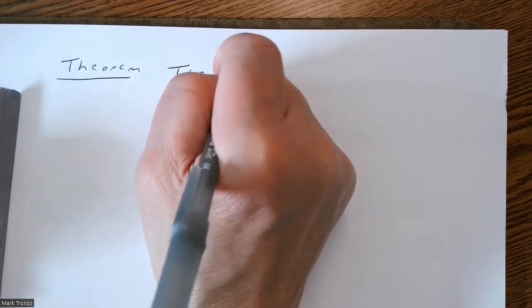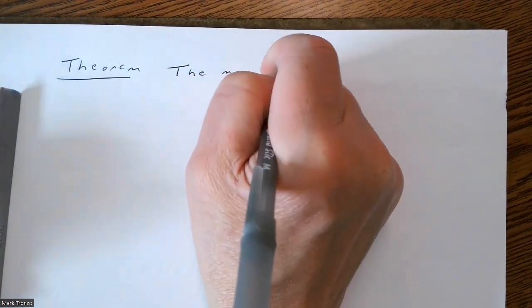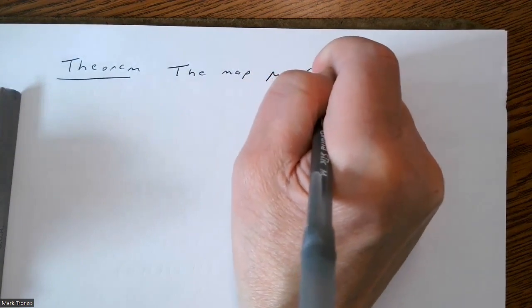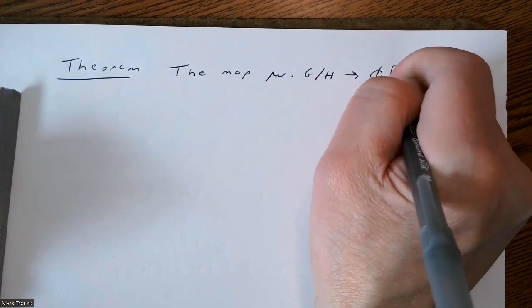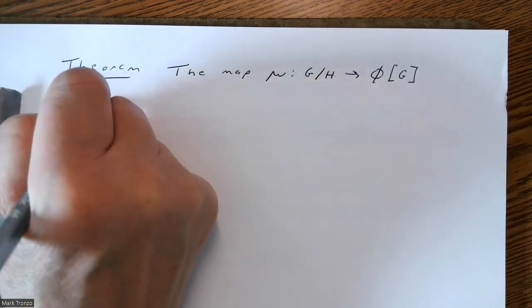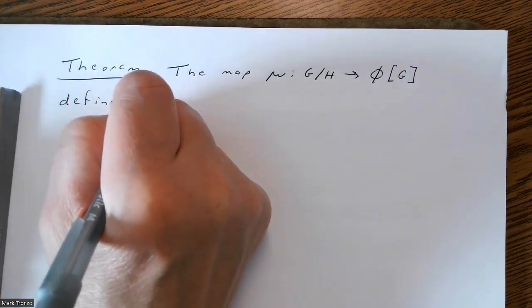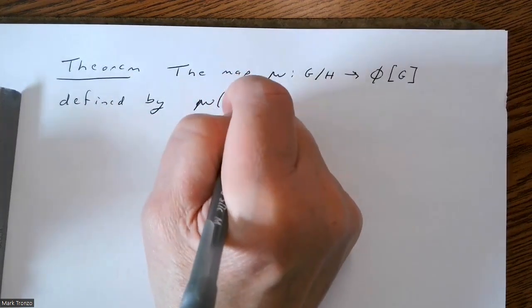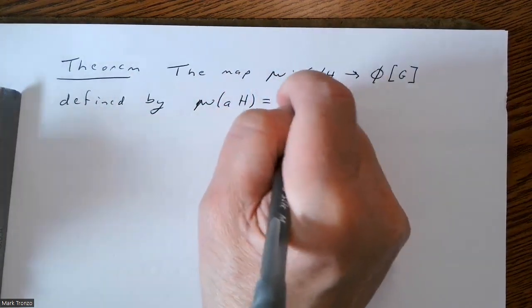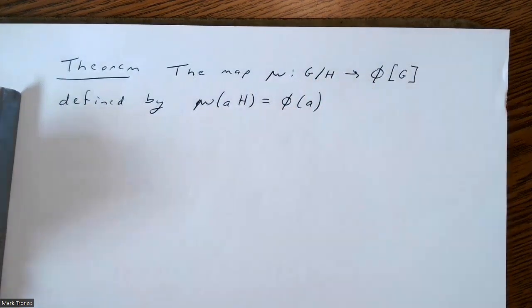And just have some more theorems. The map mu from the factor group G/H to phi(G), defined by mu of aH equals phi of a.